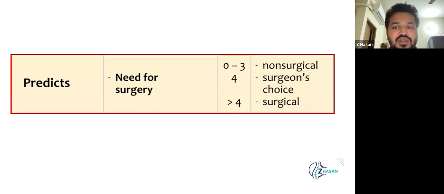Sometimes you will find it very difficult to decide how to go on with the treatment option, how to manage a patient. But if you add one or two classification tools to your knowledge, it will be very easy for you, as well as very medico-legally accepted.